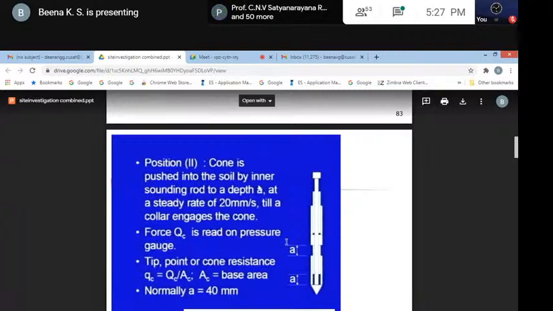The force QC is read on a pressure gauge. Tip point or cone resistance qc is given by capital QC by AC, where AC is the base area. Normally this distance is about 4 centimeter.